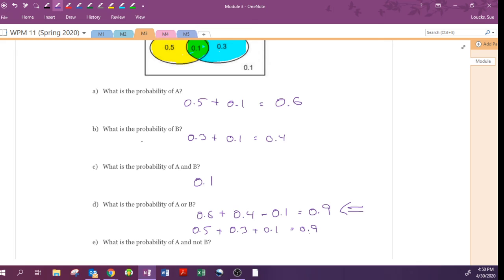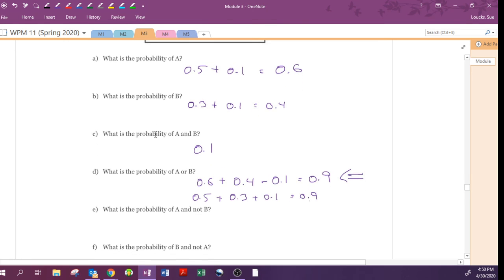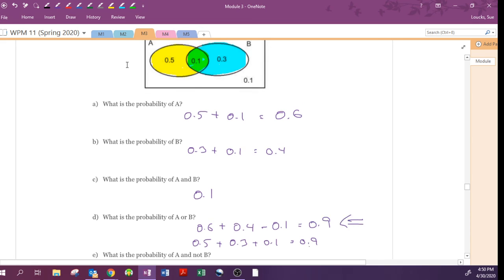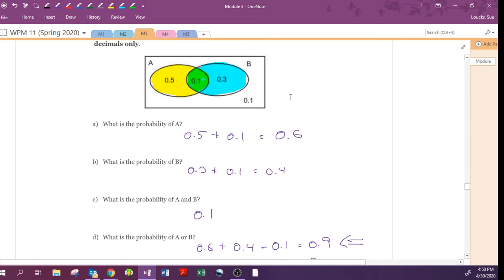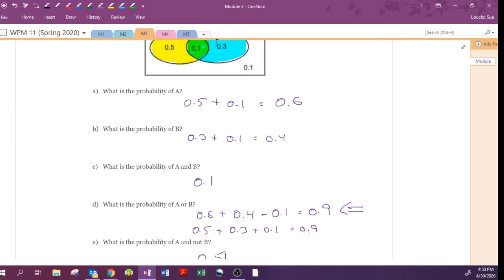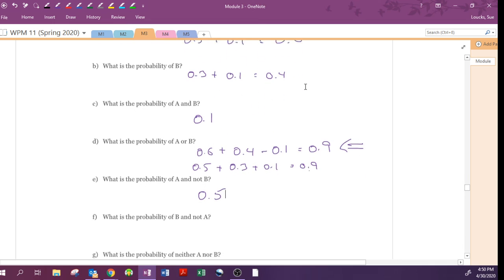All right, what's the probability of A and not B? So A and not B is the just A, right? So that's 0.5. And the probability of B and not A is just the blue area, which is 0.3.